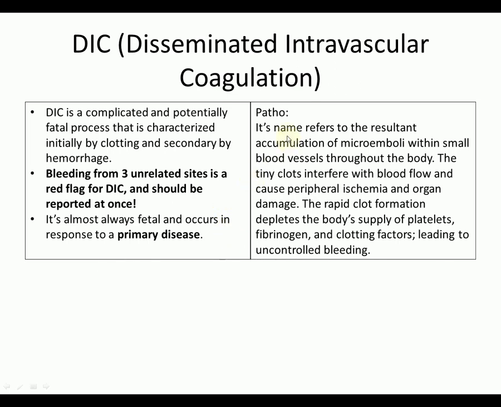Its name refers to the resultant accumulation of microemboli within small blood vessels throughout the body. The tiny clots interfere with blood flow and cause peripheral ischemia and organ damage. The rapid clot formation depletes the body's supply of platelets, fibrinogen, and clotting factors, leading to uncontrolled bleeding.